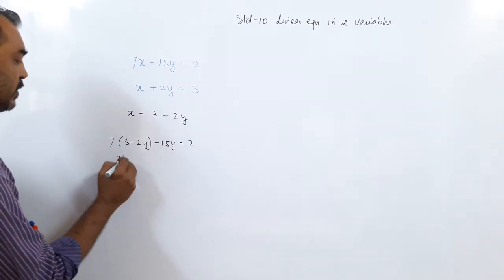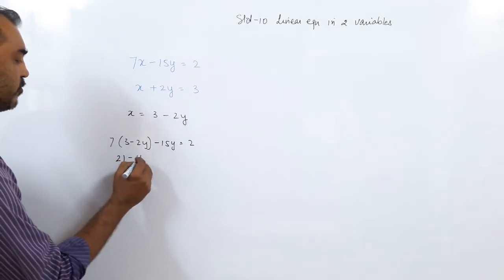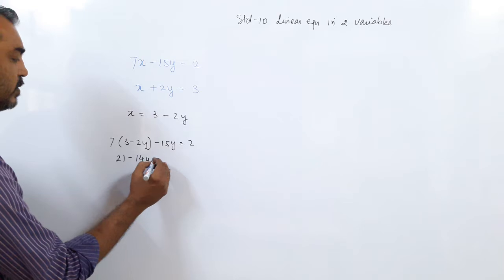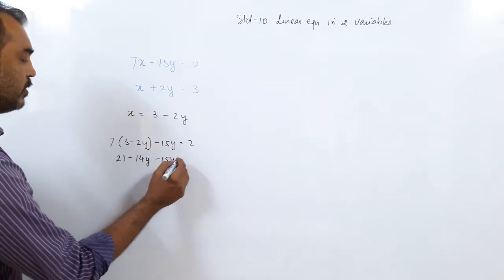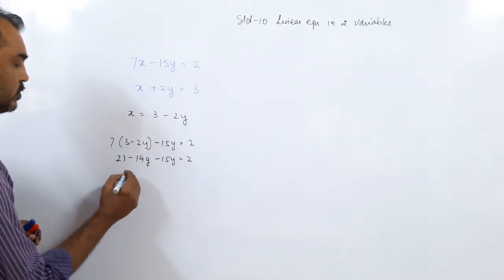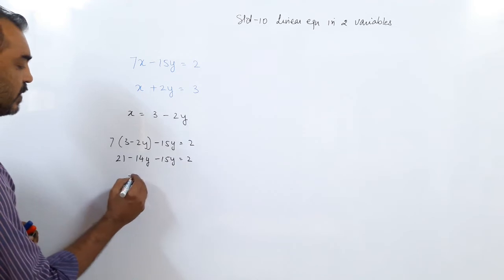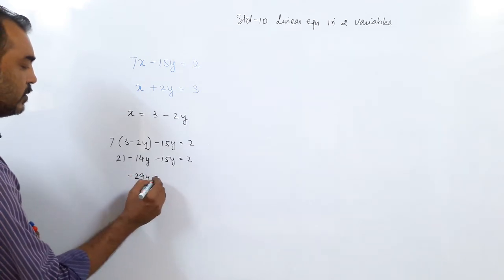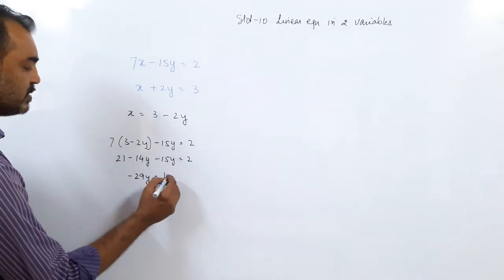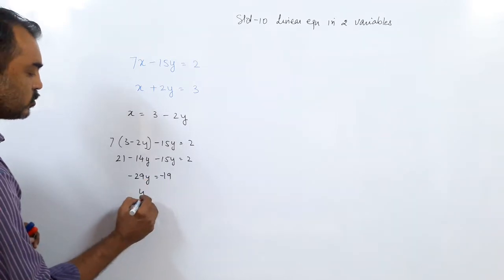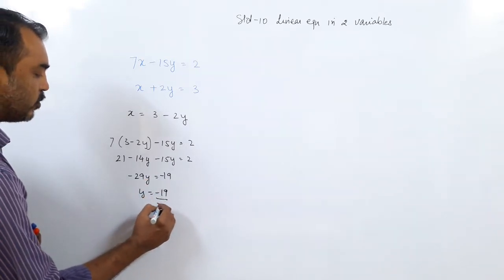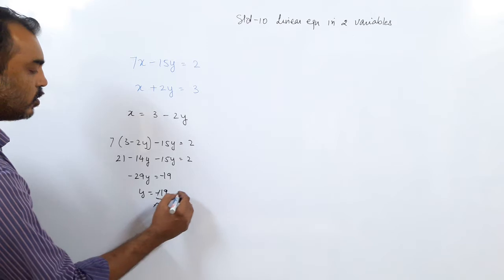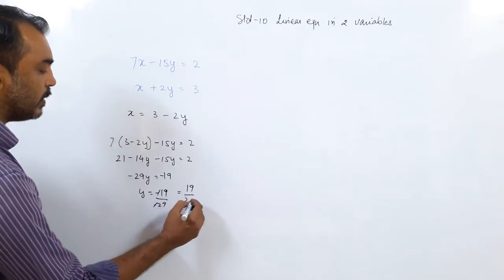So 7 3s are 21 minus 14y, minus 15y equal to 2. So minus 14y minus 15y is minus 29y equal to 2 minus 21 is minus 19. So y equal to minus 19 upon minus 29, or is equal to 19 upon 29.